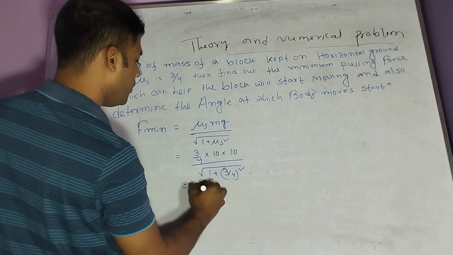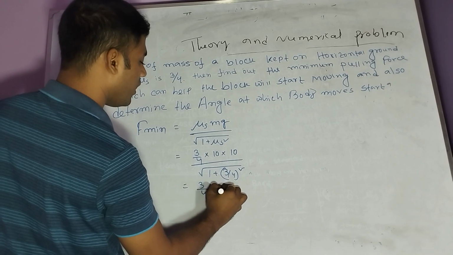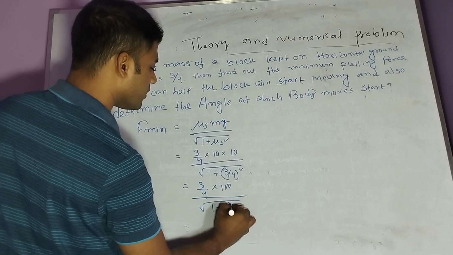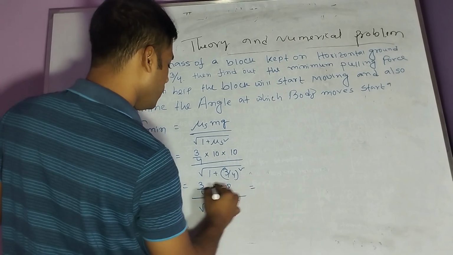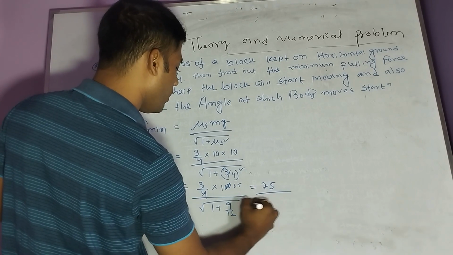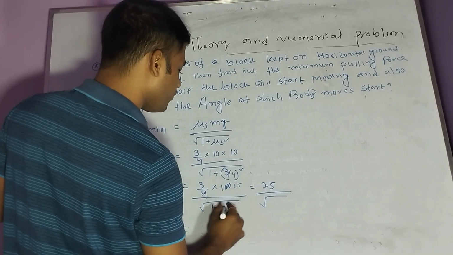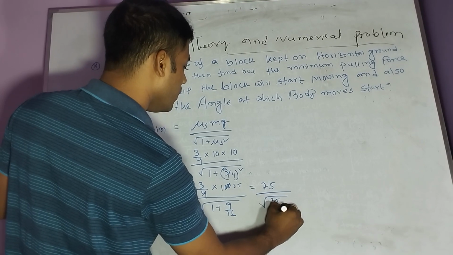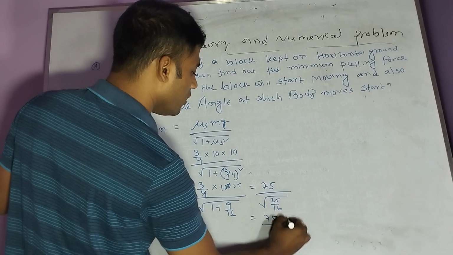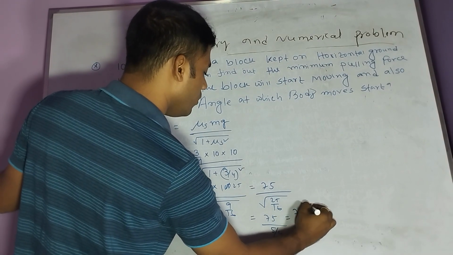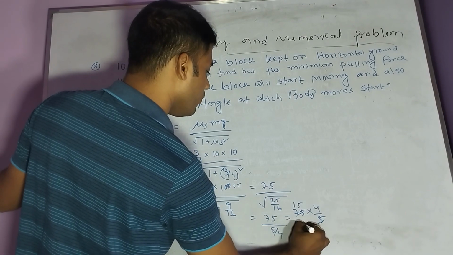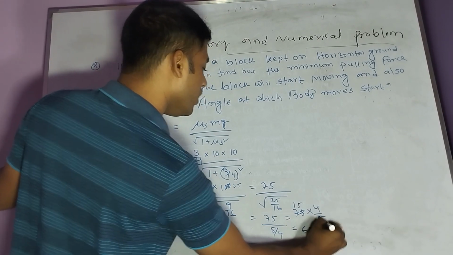So the equation is 3 by 4 into 100 divided by root over 1 plus 9 by 16. That is 75 divided by root over 25 by 16, that means 5 by 4. Then 75 into 4 by 5 is 60. So the minimum pulling force is 60 Newton.